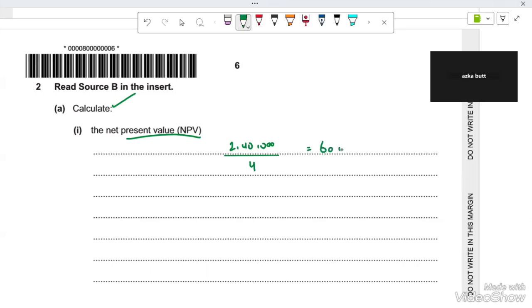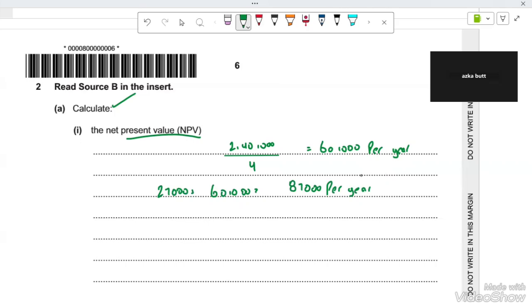That means the depreciation per year is $60,000, and the annual profit after depreciation was 27,000. So you receive 87,000 per year. And we have the discount rate.